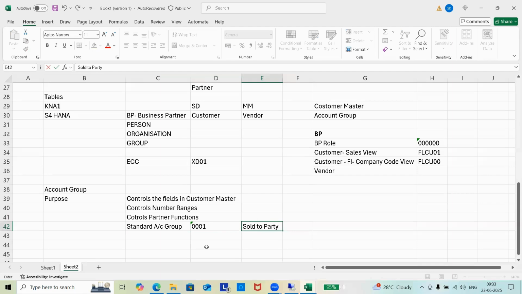Then the second one is 0002. This is for ship-to party.